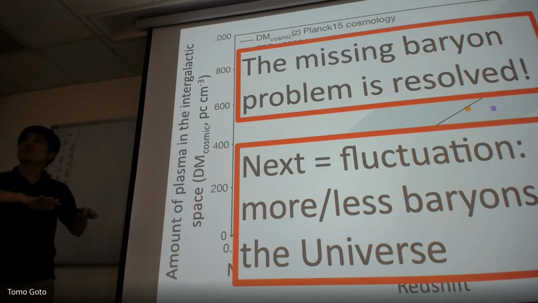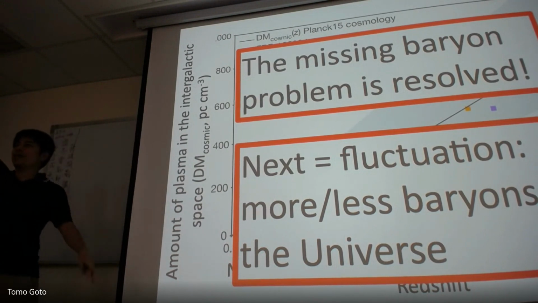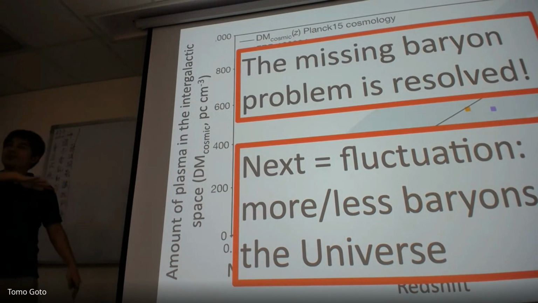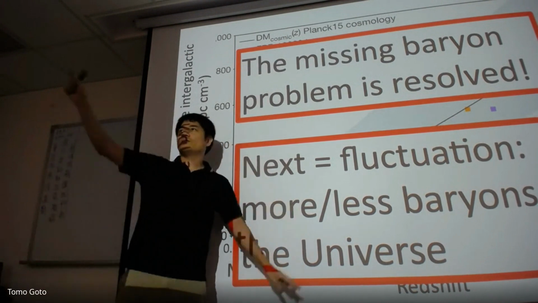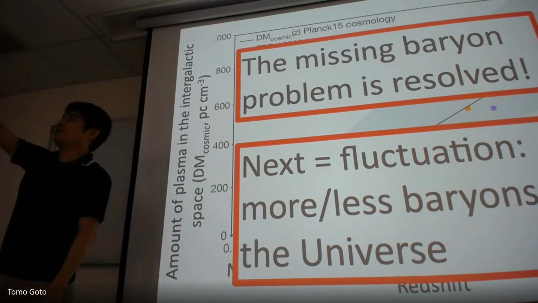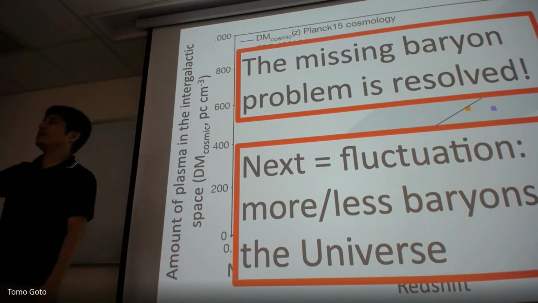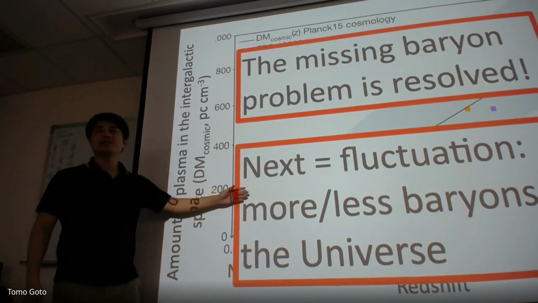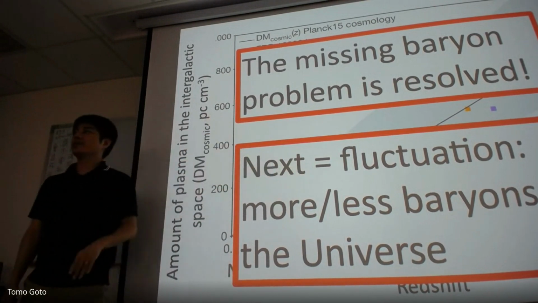It shouldn't be completely homogeneous. The universe is inhomogeneous, right? This is a high density region, a low density region. We really want to understand whether there are more baryons toward this direction or fewer toward that direction. So we want to understand this variation in the universe. That may completely answer the missing baryon problem.